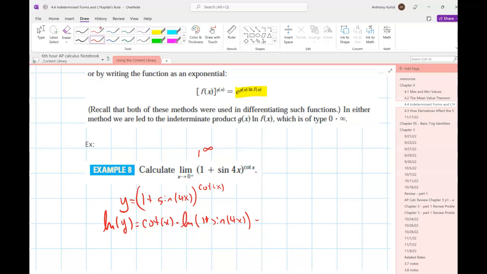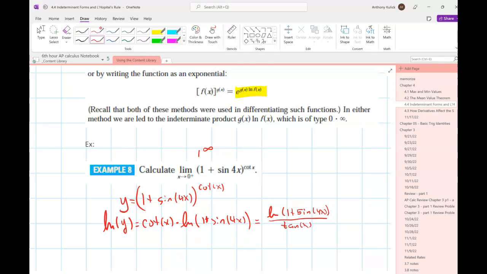And to write this as a quotient, which is what I want to do to be able to use L'Hopital, I remember that cotangent is, probably 1 over tangent would be easier. That way I don't have a product rule in the numerator later on. Right?